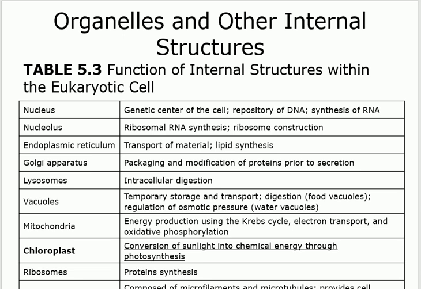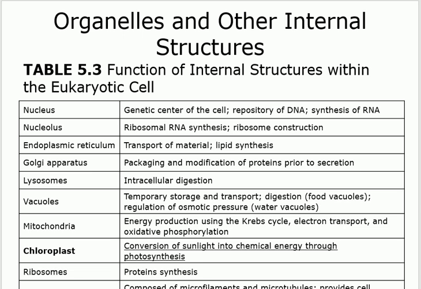It can be a food vacuole, where you're storing food inside. It can be water, and this can be used for regulation of the osmotic pressure. So food vacuoles, water vacuoles. Food vacuoles, you keep it there until you need it. Water vacuoles are there until you need the water, or you need to regulate the osmotic pressure, like when it's getting too concentrated. Get some water from the vacuoles, basically.